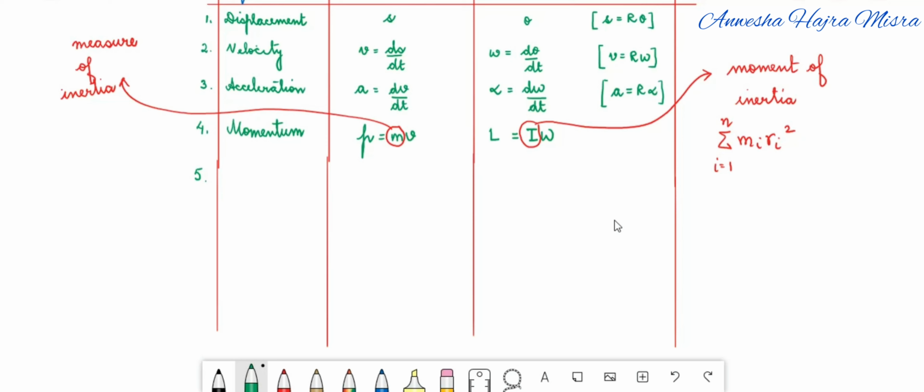Fifth point was force. This was my linear momentum. This was actually my angular momentum. Now for force, here we know force is mass into acceleration.